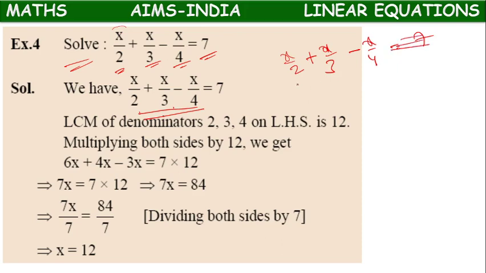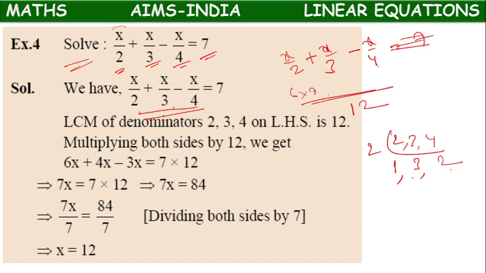The right hand side needs no change. The left hand side we have to simplify. The denominators are 2, 3, 4. If we do LCM, it is 12. 2 sixes are 12, into numerator x. 3 fours are 12, into numerator x. 4 threes are 12, into numerator x. 6 into x is 6x, 4 into x is 4x, 3 into x is 3x.